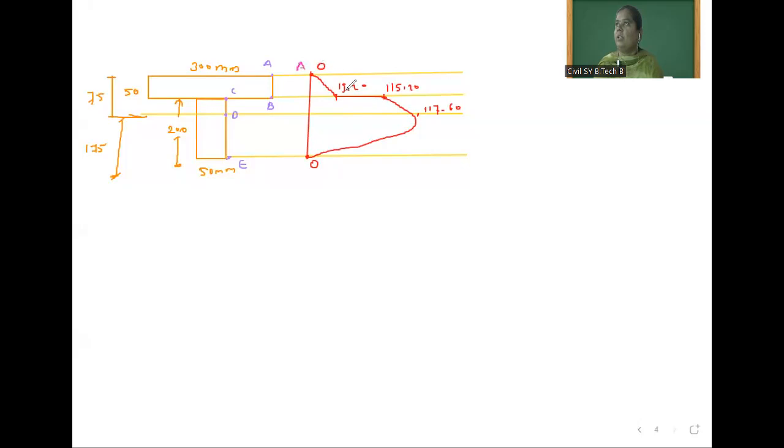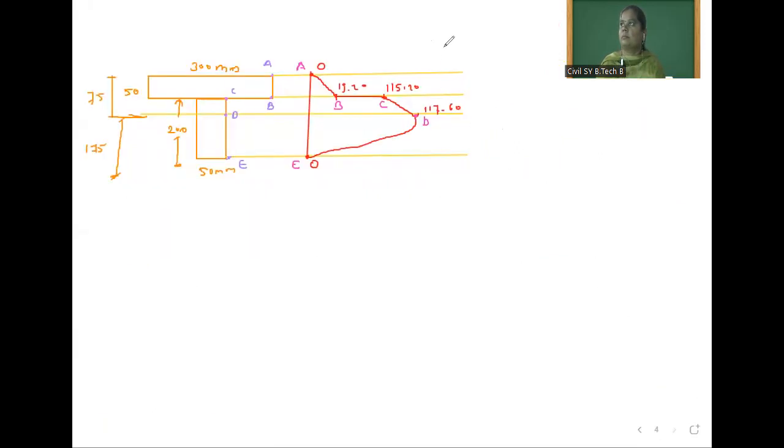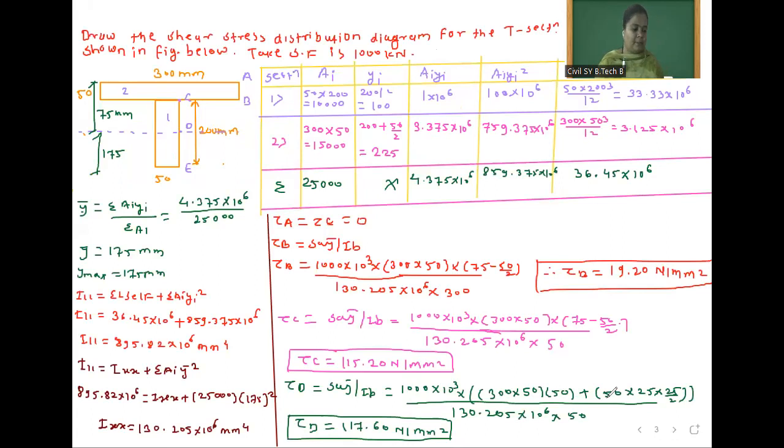So this is point A, this is B, C, this is D, and the last one is point E. Next, the I section we will solve here, but I will write only the question, you solve and give answers.